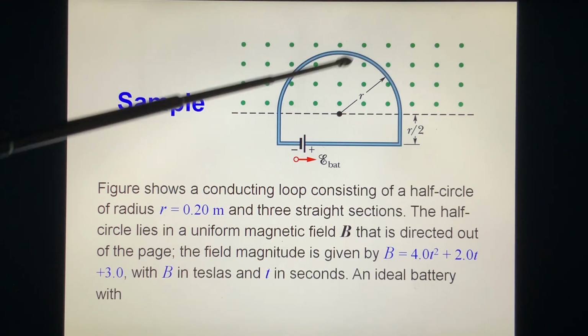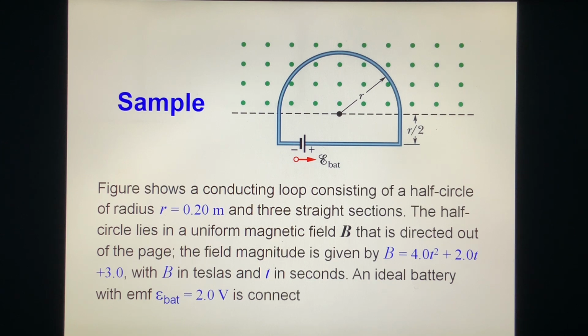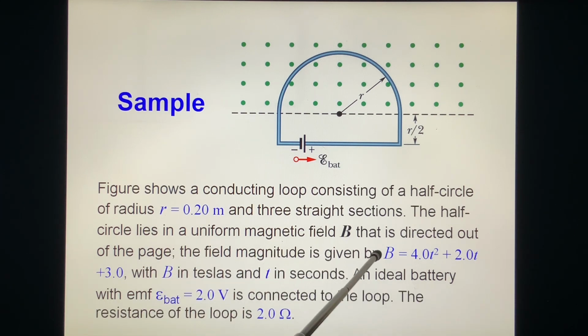We see the head of the arrow. The field magnitude is given by B equals 4.0 t squared plus 2.0 t plus 3.0. It changes with time, but not with location, with B in teslas and t in seconds.